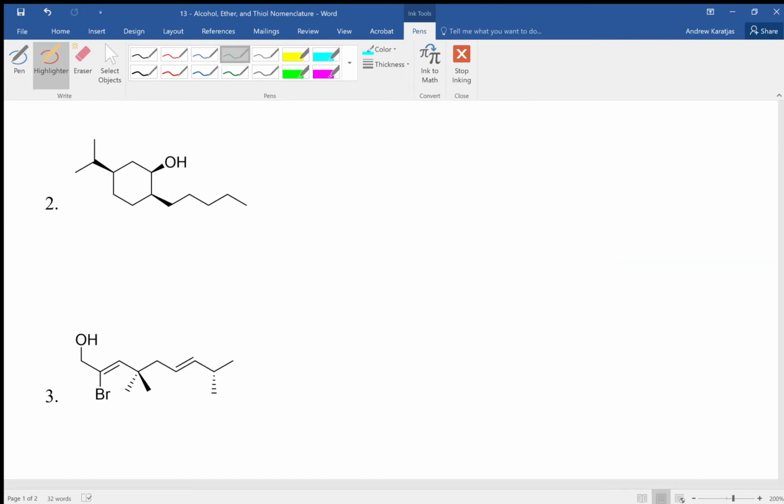All right, number 2 being in a ring, we know that we're going to start number 1 at the alcohol and then go in the direction that has a substituent closest. So cyclohexanol.